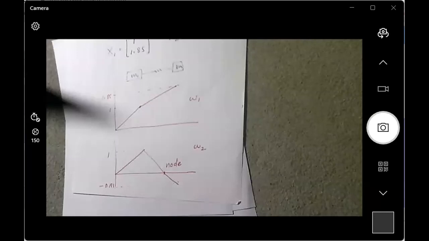Associated with those 2 frequencies, there will be 2 mode shapes, or 2 different ways of vibration. And sometimes you can get stationary points even though the system is vibrating. We call those points nodes.